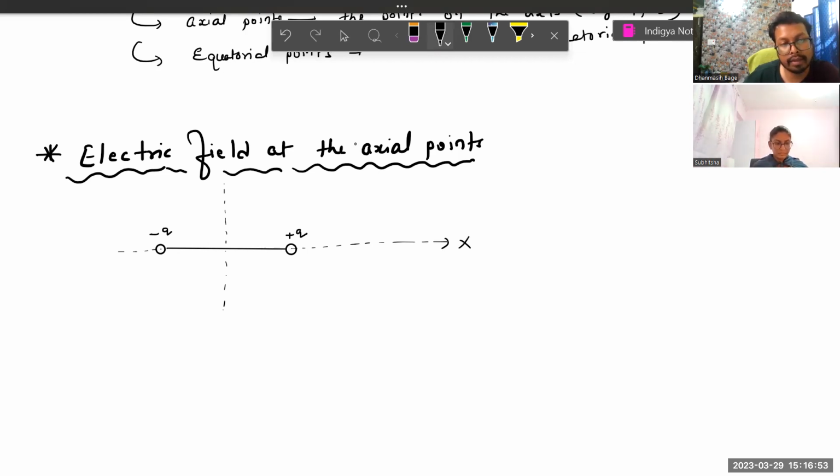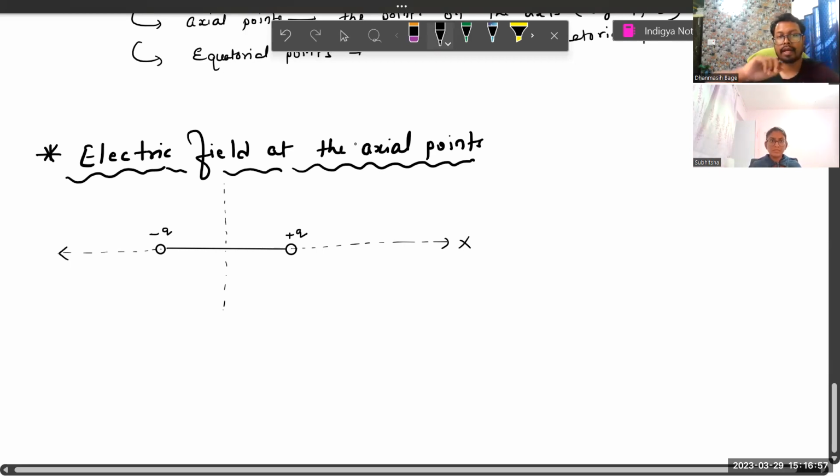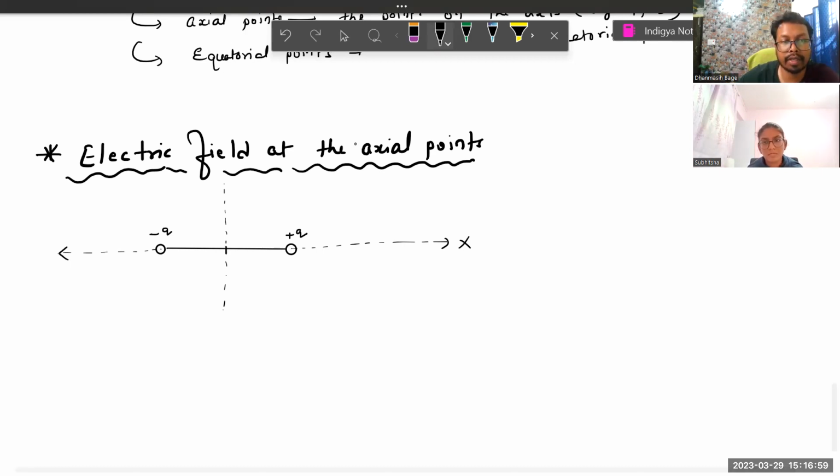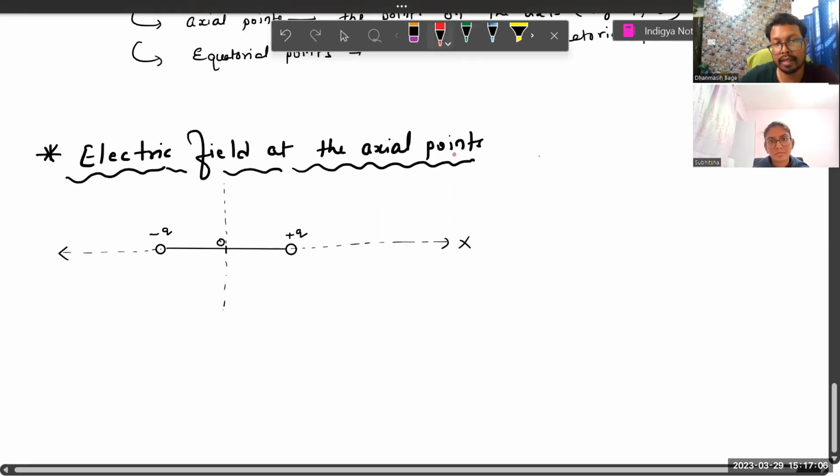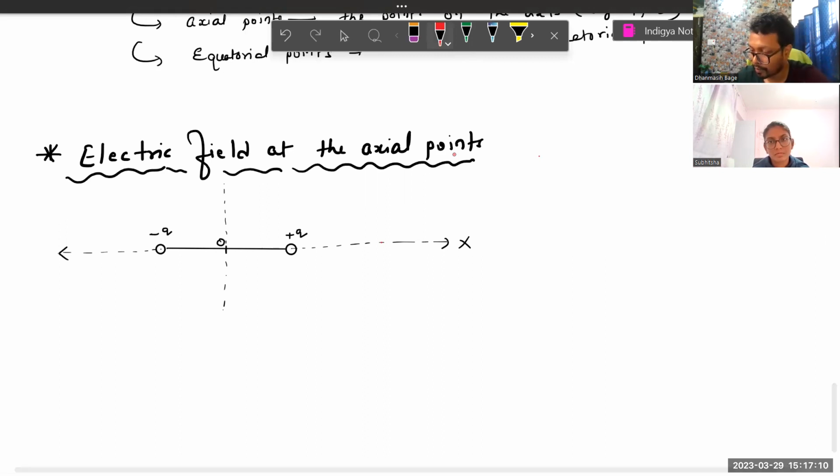X is something like this, and this is my origin here. I want to find out the electric field at this point. Let us say we take the electric field here, point P.